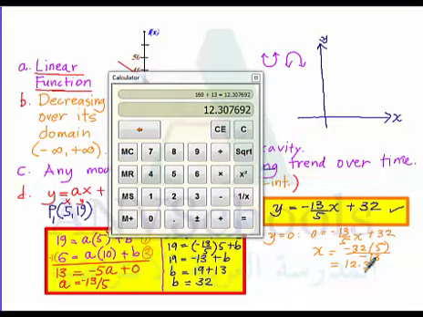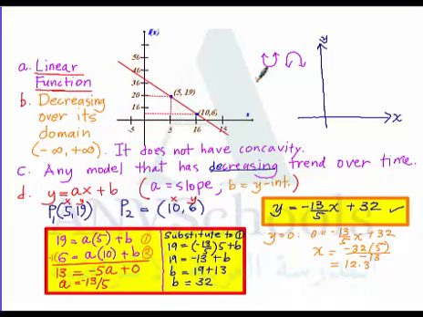And then if we are to get the y-intercept, what we will just need is the b. And our b here is 32. So y is equal to 32 when x is equal to 0. So having that, we could just sketch the graph. This is 32. That would mark our y-intercept.